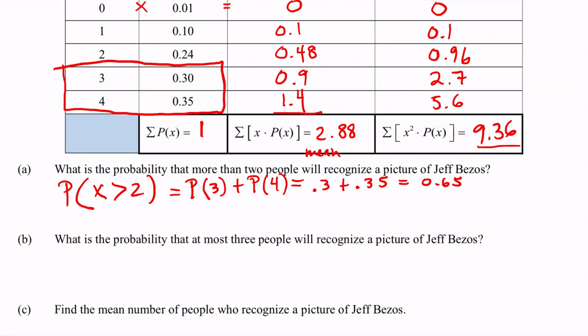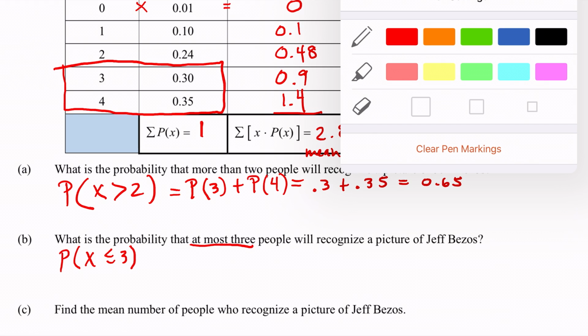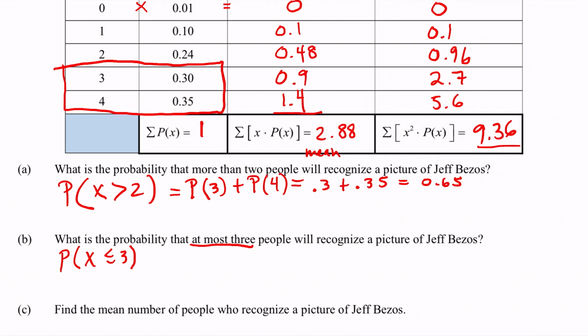Part B, what is the probability that at most 3 people will recognize a picture of Jeff Bezos? Here, at most 3 would mean that our random variable x is less than or equal to 3. One way you could look at that is, in the table, the probability that x is less than or equal to 3 would include all this stuff in the bottom portion of the table.